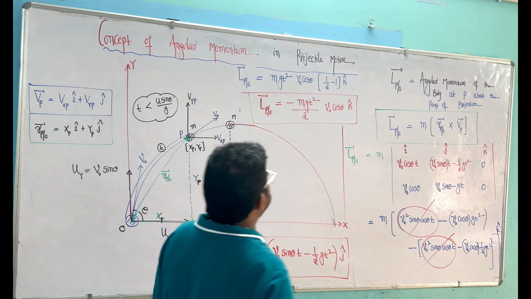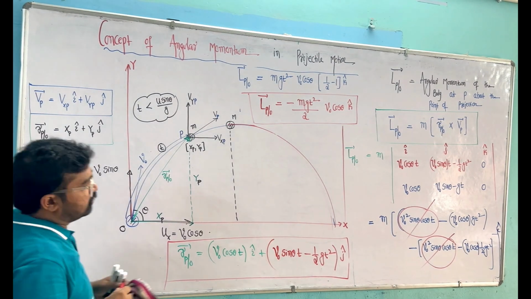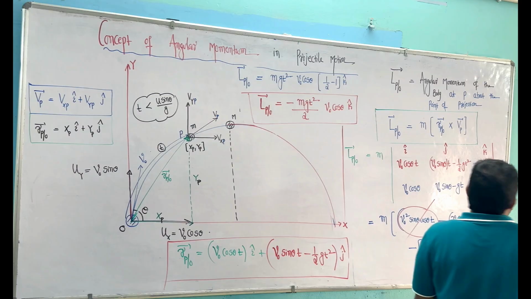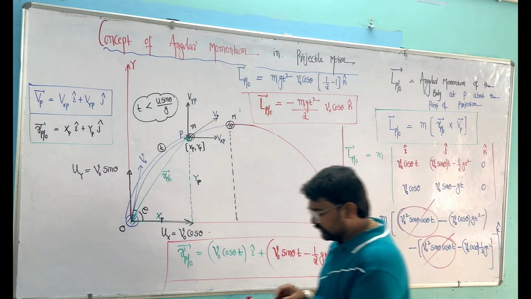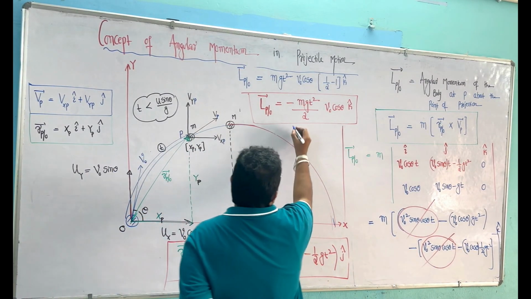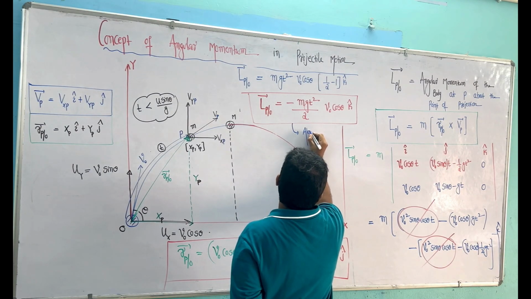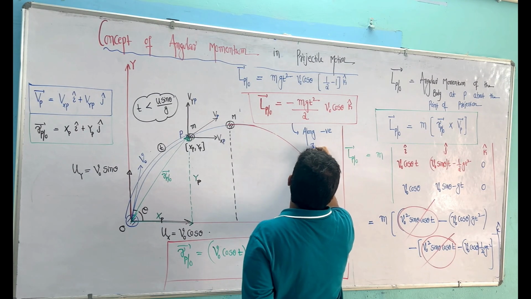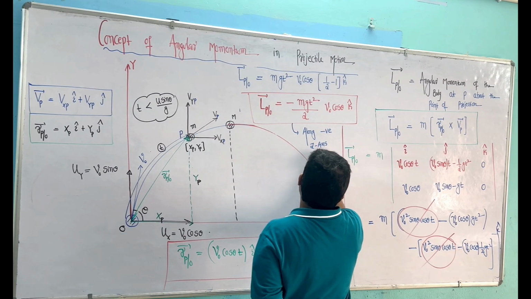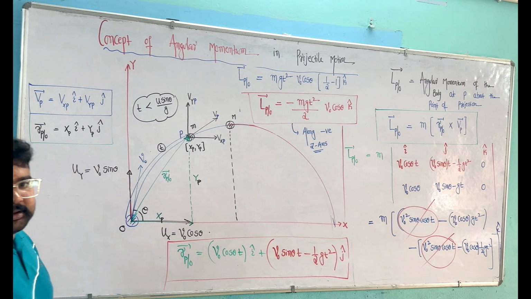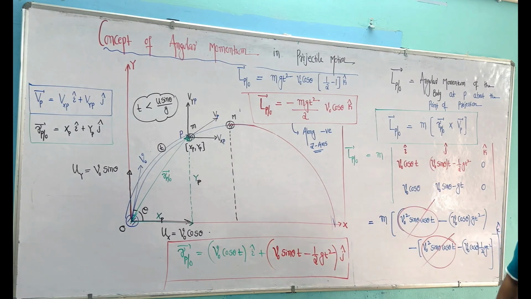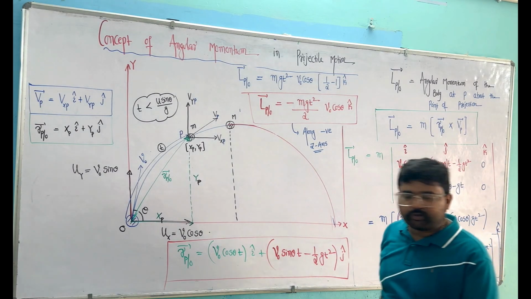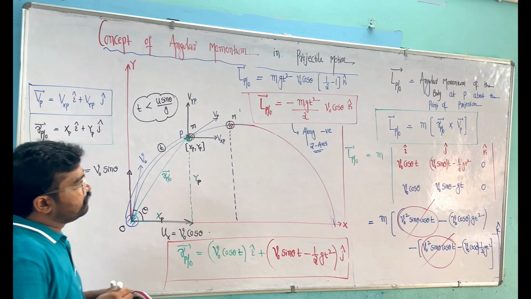This is the angular momentum of the particle P about point O. It is along the negative z axis: minus m g t square by 2 into V naught cos theta k cap. Clear now? Completed now. Is it done?